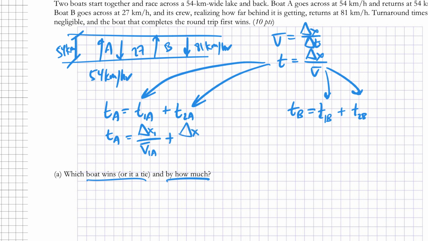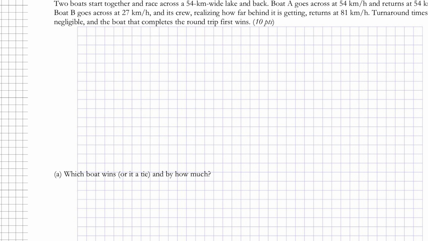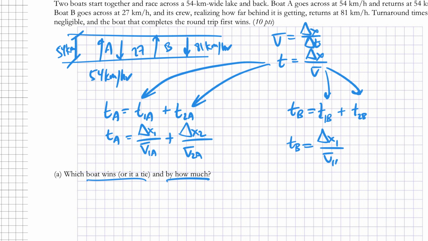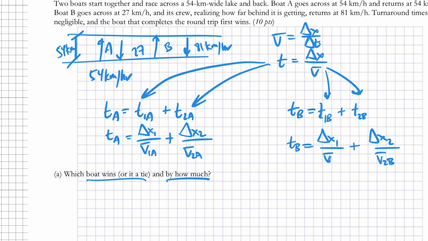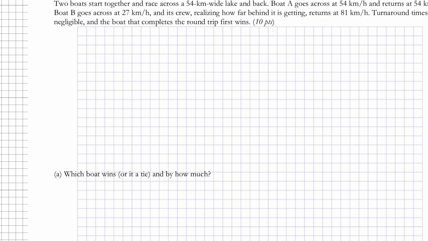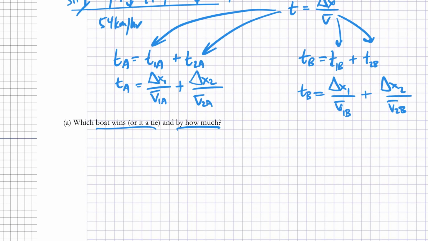So this one will be delta x2 over v bar 2A, direction 2 for boat A, right? And so for boat B, we'll go TB equals delta x1 over v bar 1B plus delta x2 over v bar 2B. Sorry, that should be a B, shouldn't it? Okay. So I'm just going to kind of keep on rolling down here. And most of you guys can do this particular one in your head.